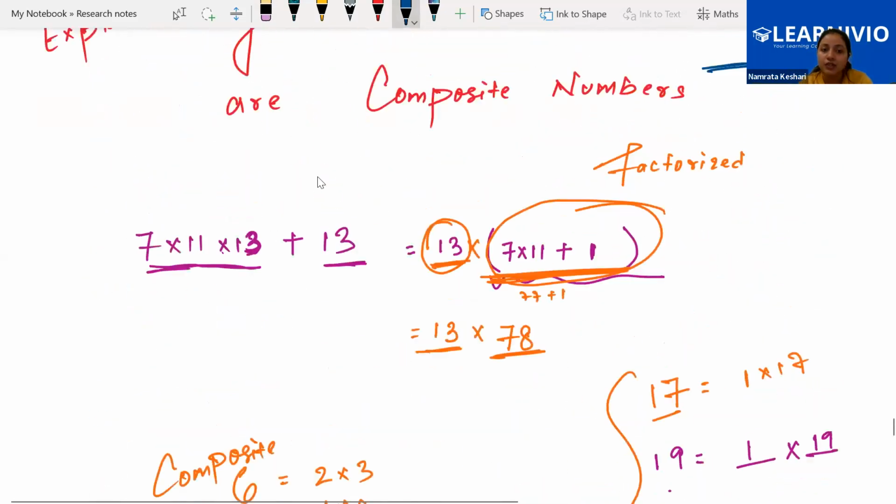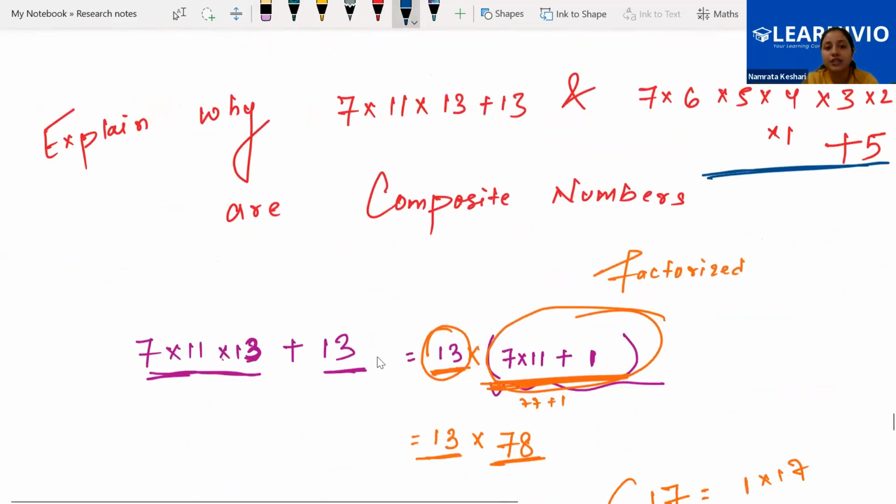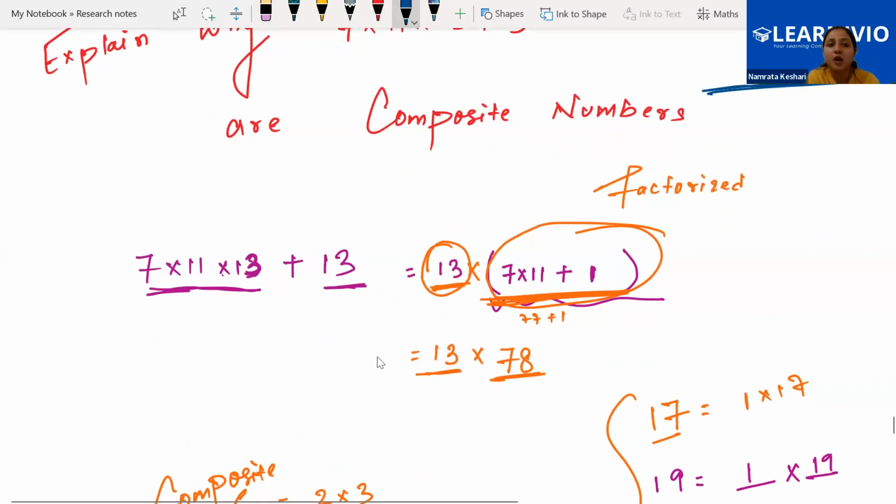So this is how, if a number is given to us and the question says explain why these are composite numbers, we can check whether it is possible to take out any common factor or not.